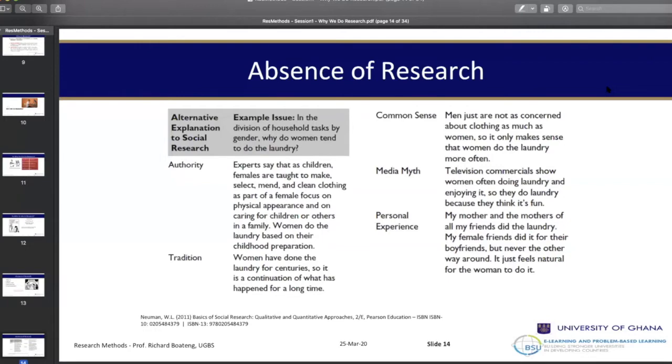You see, what happens in life is that when we don't do research, we tend to draw on our common sources of perception and knowledge, and that may not be good in getting a representative view or even a dominant view or a holistic perspective of an issue. So it is better we draw on research than to draw on personal experience most of the time. That's one thing we should keep in mind about why we do research.